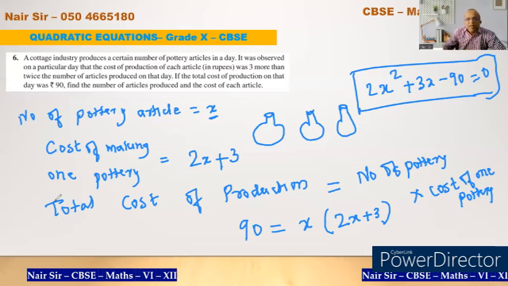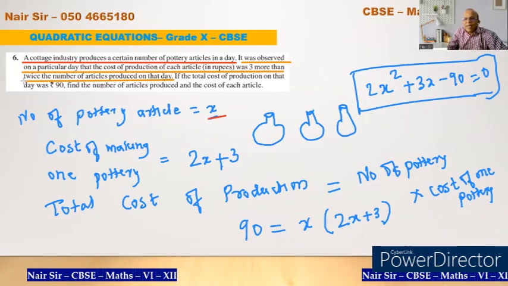Repeat, look at this very carefully. I'm repeating the same thing again. Look at this particular line item. A cottage industry produces a certain number of pottery. I don't know how many pottery, so I've just taken this. Now, second thing, what they said, it was observed on a day that the cost of production of each article in rupee is 3 more than twice the number of articles produced on that day.